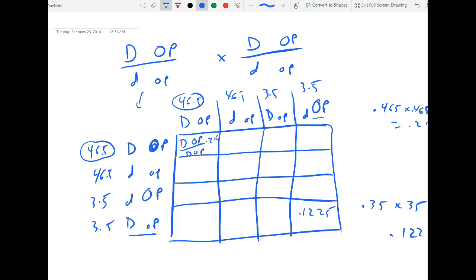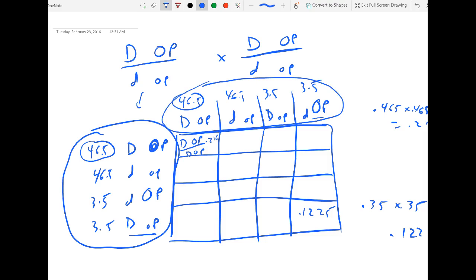But what you're doing is calculating the frequency of this, calculating the frequency of this, and then multiplying each frequency by the other to calculate the frequency of getting them both together. If these things were unlinked, then we would get 1 to 1 to 1 to 1 on both sides because of independent assortment. And when we filled in all those boxes, we'd get 9 to 3 to 3 to 1. But if they're linked, we don't get that.